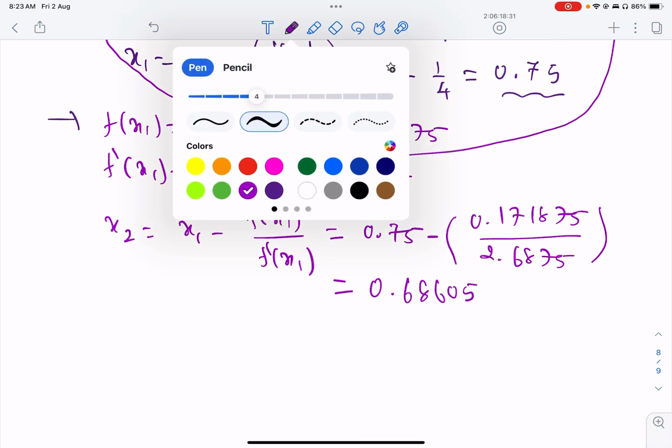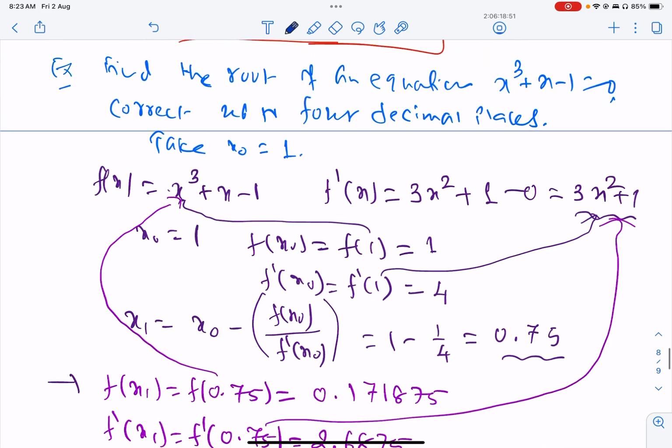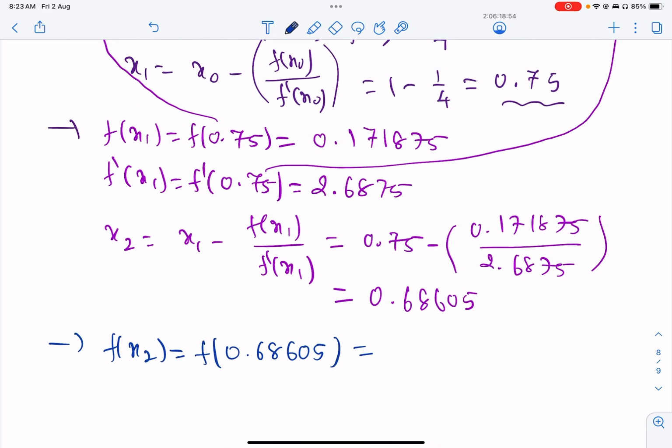Now the next step is f of x2, that means f of 0.68605. Keep it in the f of x, you have x cube plus x minus 1. Use the calculator and you will find this is 0.00894. If your calculator shows, say, 10 power minus 3, suppose, then it is 0.00 and that number.